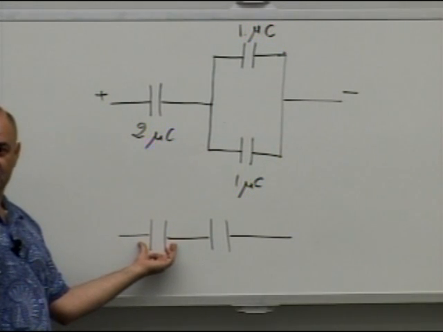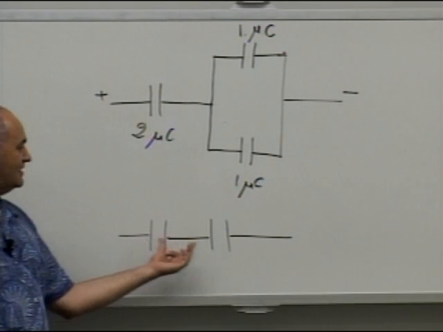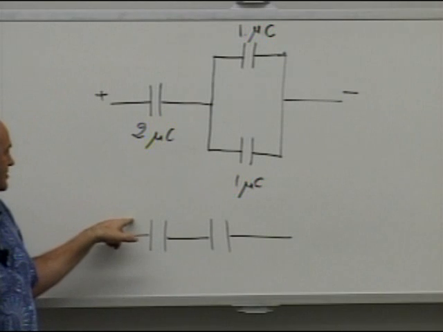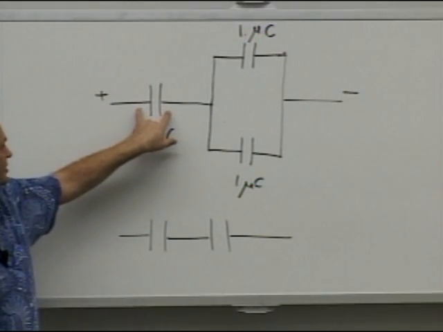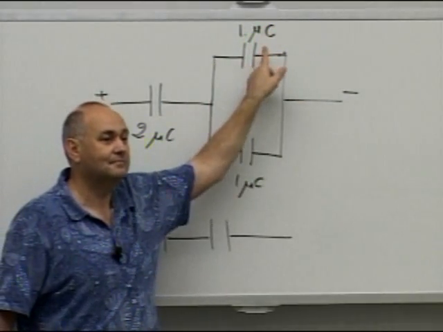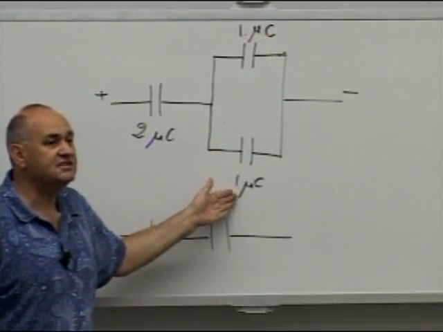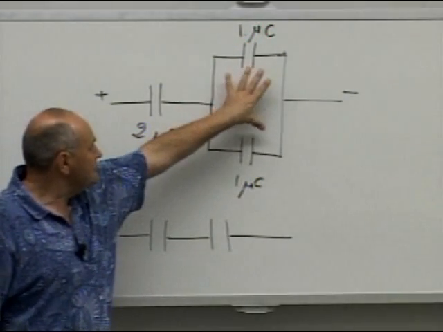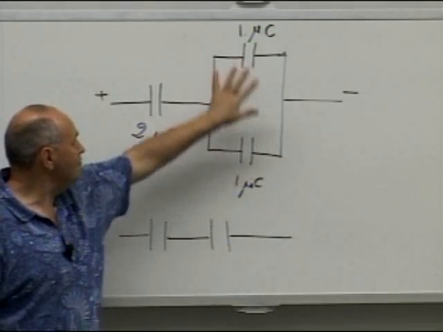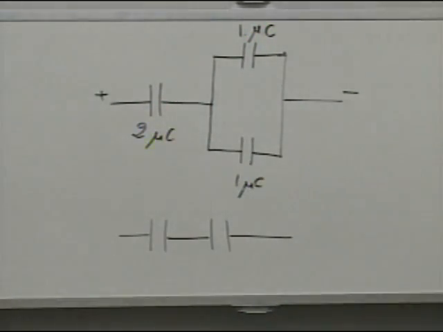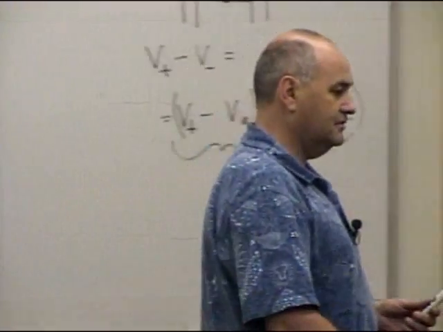They should be the same because the system and the capacitor are connected in series, which means that the charge on this capacitor is equal to the charge on the system. And on the system, if they are connected in parallel, they add up. So charge on the system is 2 microcoulombs. Therefore, charge on this capacitor is also 2 microcoulombs. And that's it.